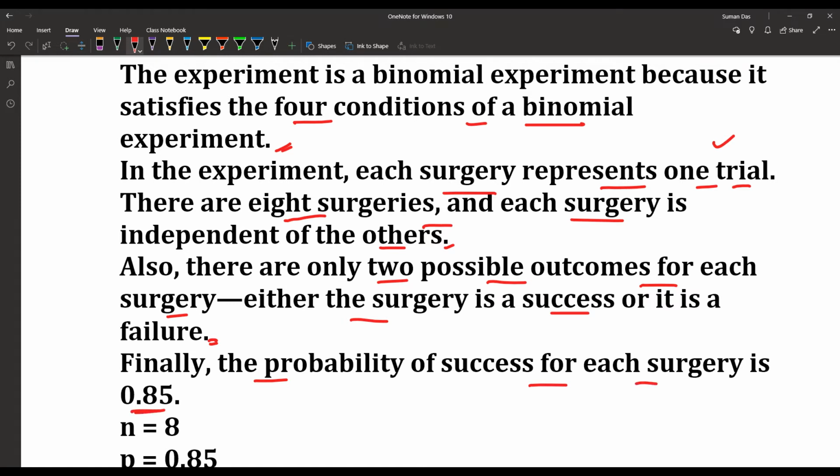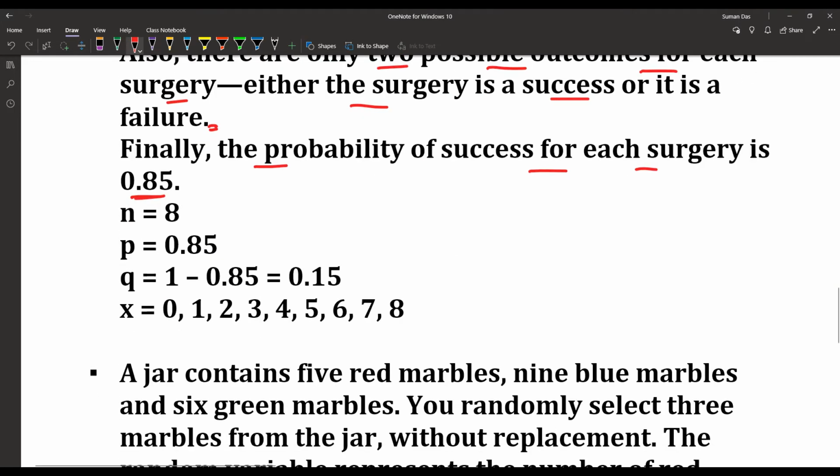0.85. So here we can say that n, the number of trials, is equal to 8, and p, the probability of success, is equal to 0.85. We can find q, the probability of failure, as 1 minus 0.85, which is 0.15.